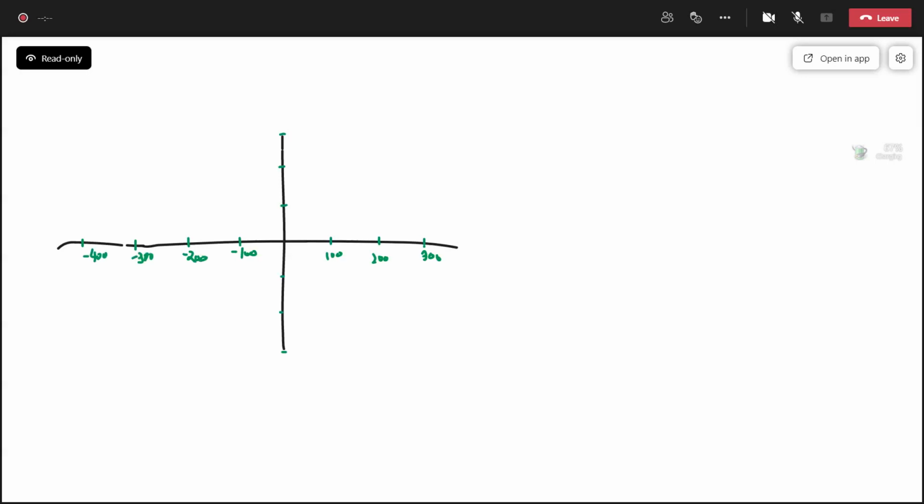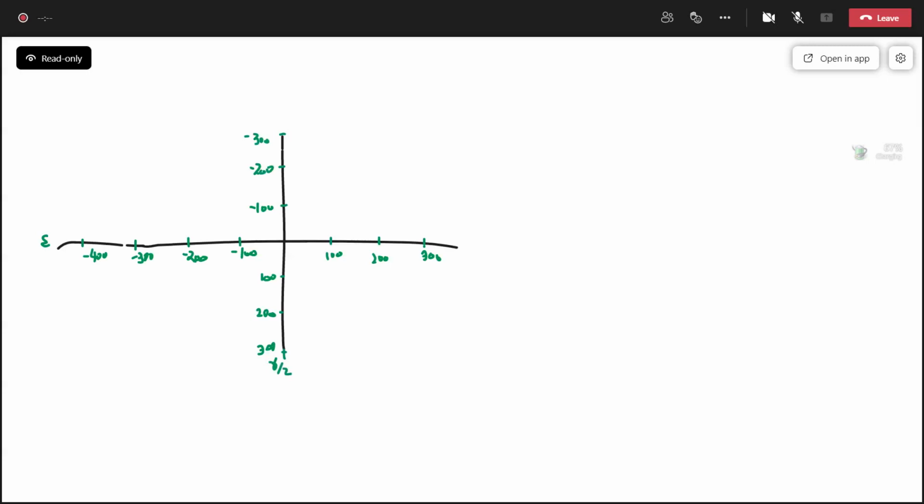This is your epsilon axis. This is 100, 200, 300, and this is minus 100, minus 200, minus 300. And this is gamma by 2.